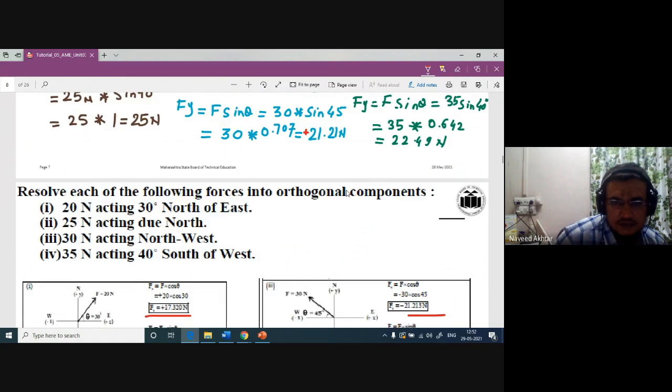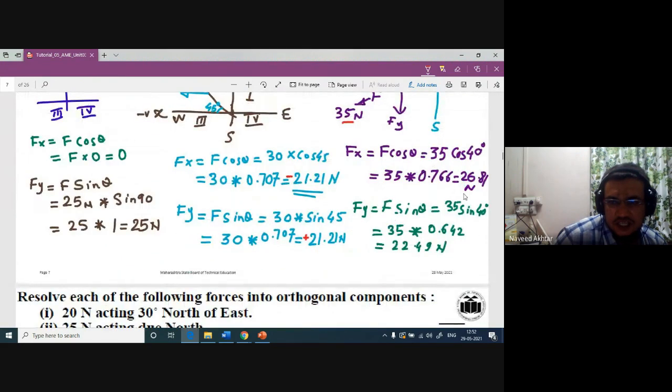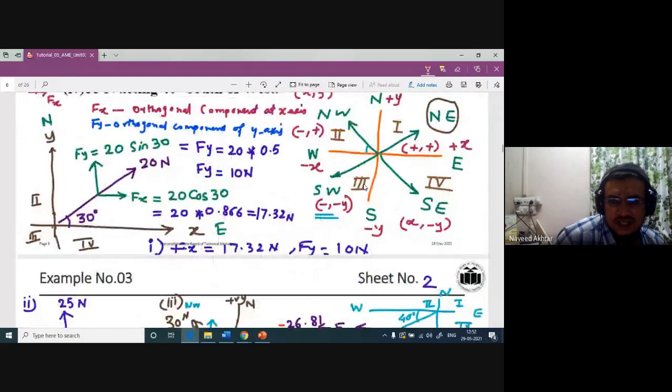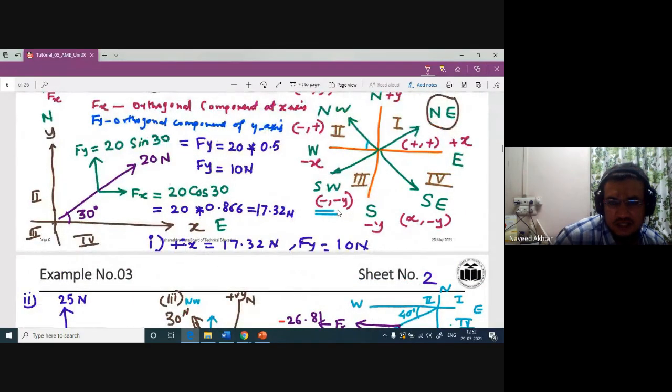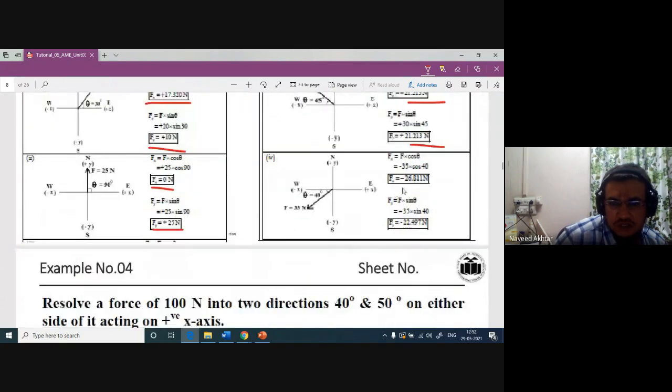And again, the fourth example is 35 Newton with angle 40 degree. The fx is 26.8, and both values will be minus because they are in the third quadrant. In the third quadrant, we have seen that all the values are minus in the x direction and y direction. So this is minus 26.81 Newton and minus 22.4 Newton. You can see here also minus 26.81 Newton and minus 22.4 Newton.